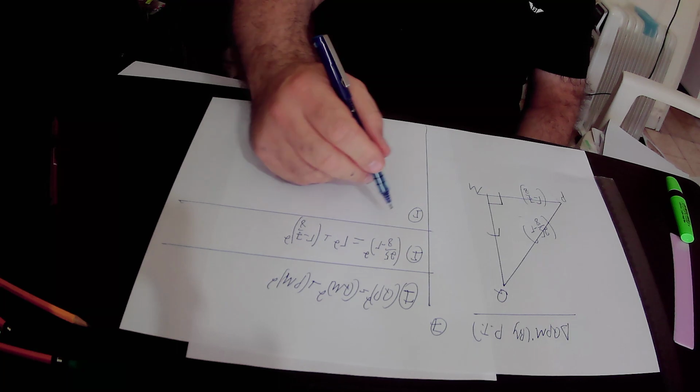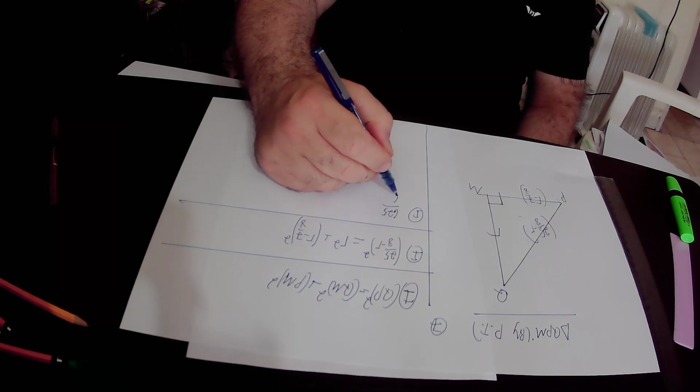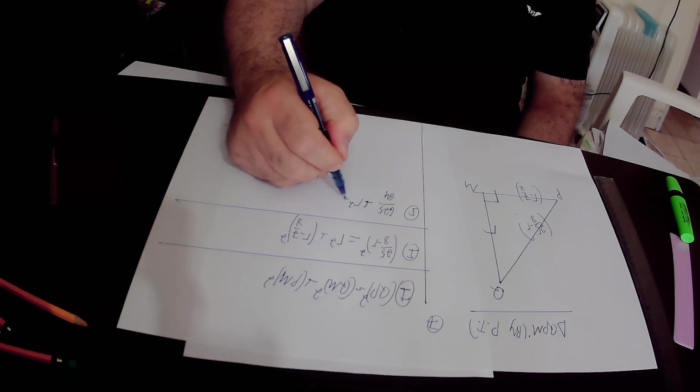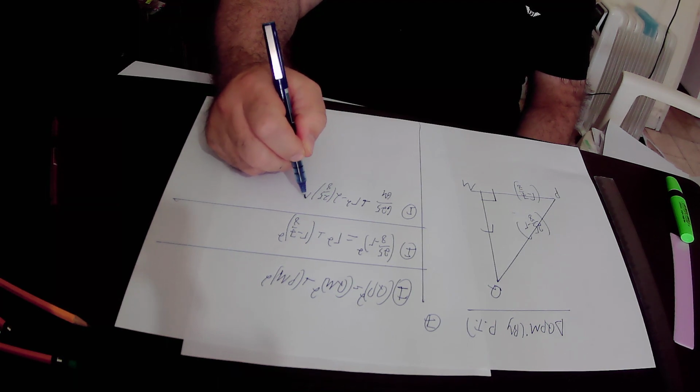that is 25 squared, that is 625, over 8 squared, that is 64, plus b squared. b squared is r squared, minus 2 times 25 over 8 times r.